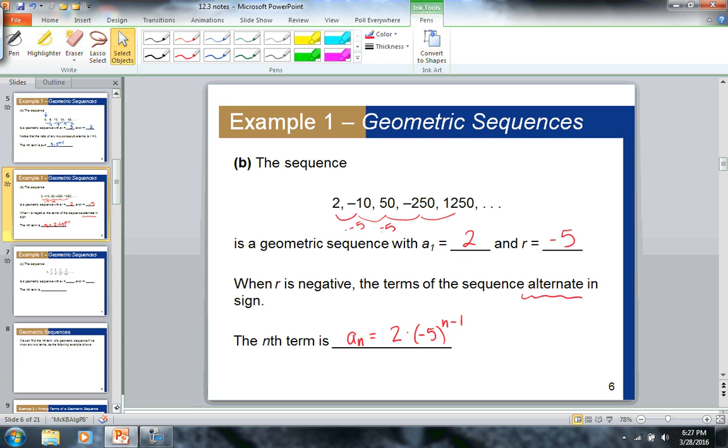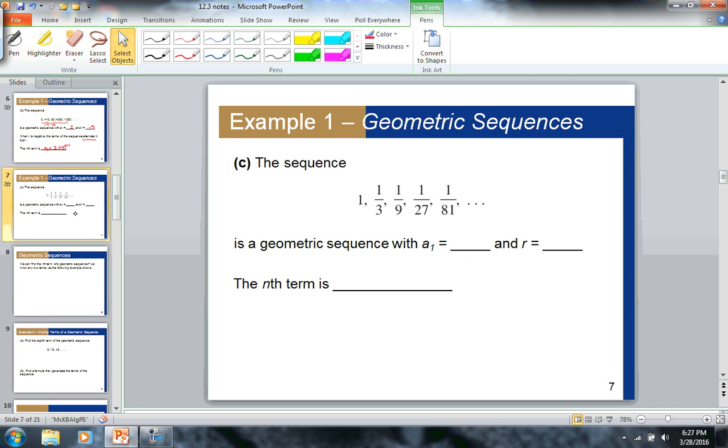Okay, so I think we have one more of those. And this sequence has fractions. And when you're going from a whole number to a fraction, some students like to think of it as a division. But remember, geometric sequences is repeated multiplication. So when you think, oh, I would divide, that really means that you're multiplying by a fraction.